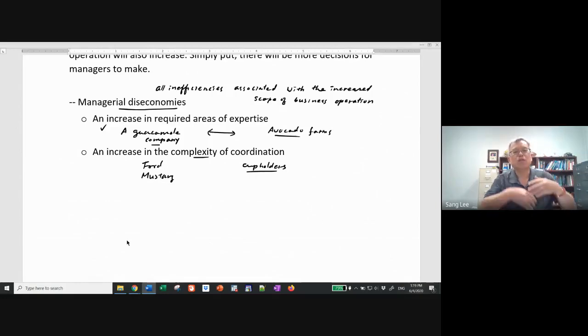Simply, you have more decisions to make, so you have layer after layer of coordination or decision-making problems. And all those inefficiencies will add up and eventually increase the cost of doing business. And so we call that managerial diseconomies.